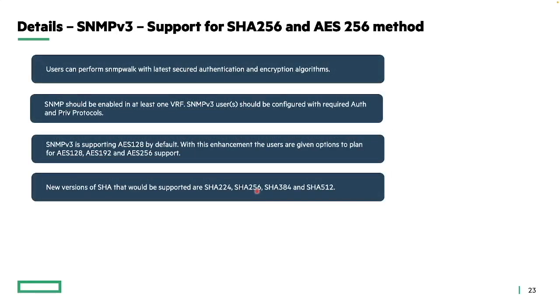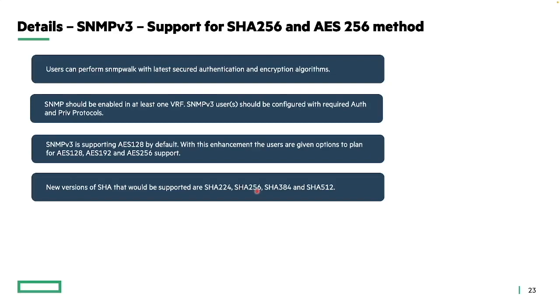Finally, with respect to the security enhancements of SNMP, users can now perform SNMP work with the latest secured authentication and encryption algorithms. SNMP should be enabled in at least one VRF. SNMP version 3 users should be configured with the required auth and priv protocols, right?